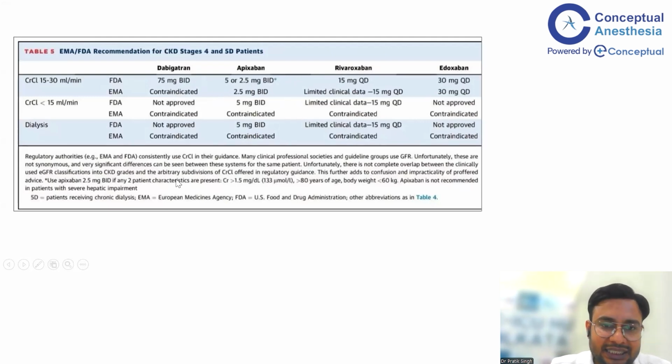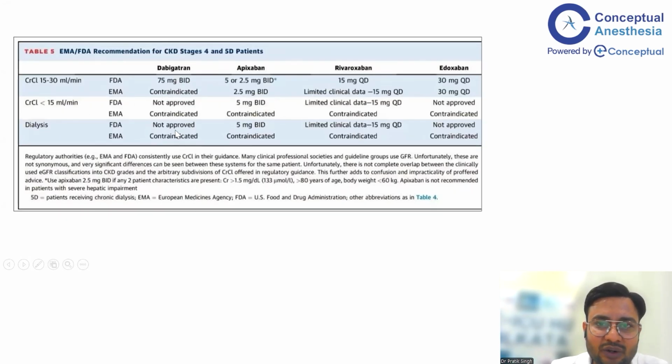This is again as per the European Medicines Agency. These two societies, the European Medicines Agency and the European guidelines for nephrology, have given different dosing rates. For creatinine clearance of 15 to 30, as per FDA, they are telling 75 milligram BID to be used, and the EMA is strictly contraindicating.